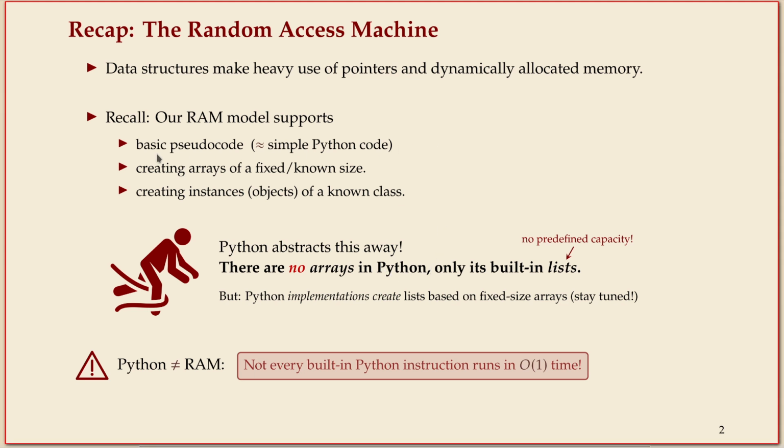So we'll assume that we can do basic pseudocode on our RAM, discussed this yesterday in detail, that we can create arrays and we can create objects. Now, much of this you can just do in Python and pretend it is a RAM for all intents and purposes, except for arrays. Python doesn't really nicely have arrays. I know this statement is technically not quite true.